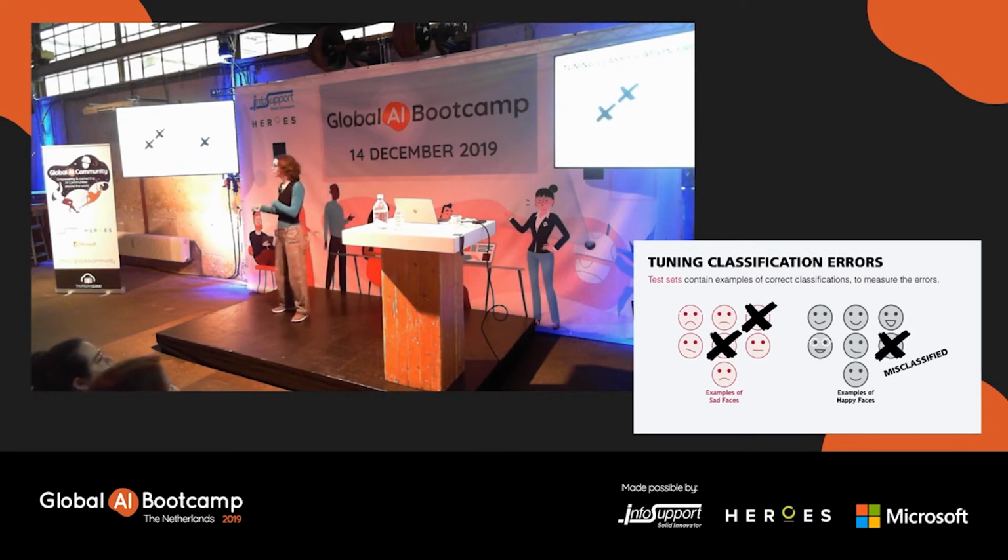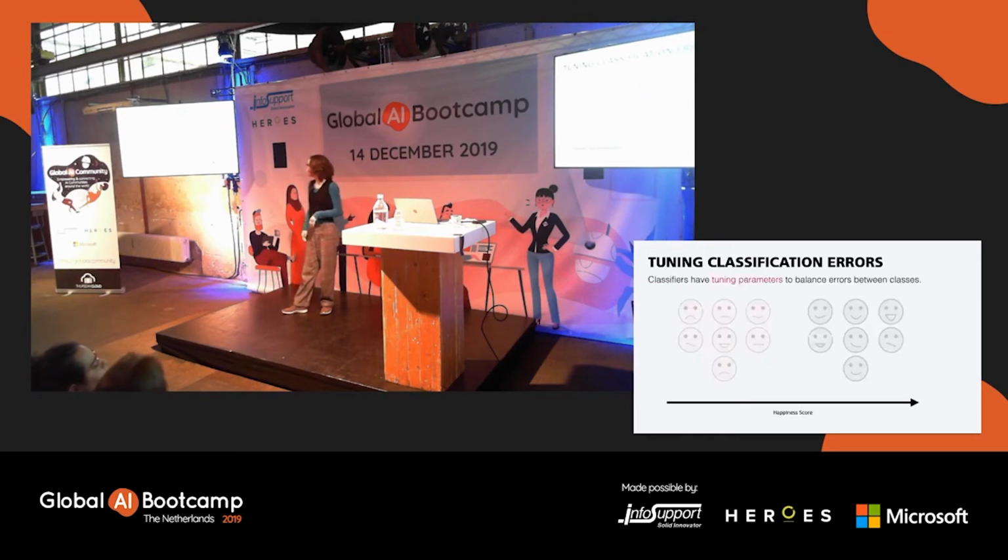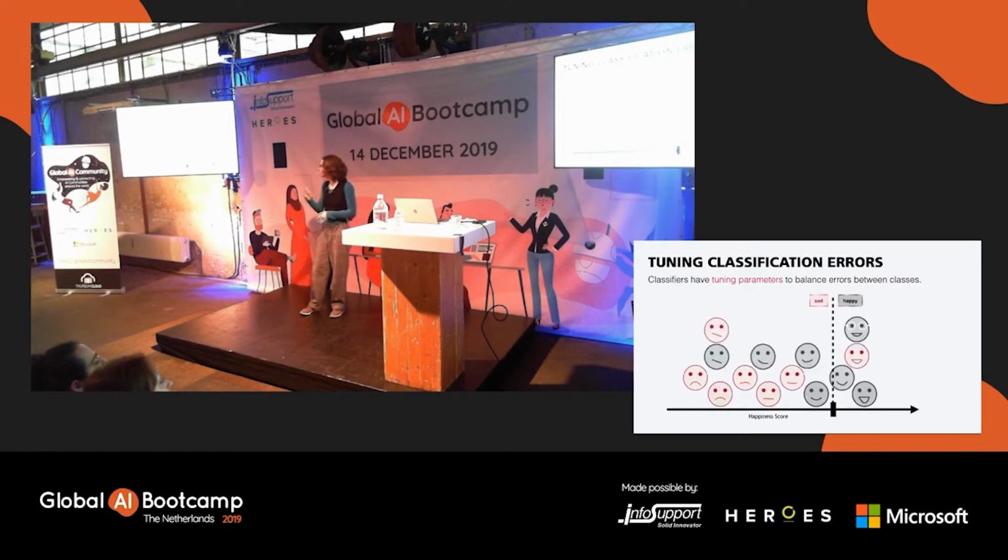So here we have example of sad faces and happy faces, and we can see how many errors do we have for each class. And to tune the errors, we can use a score, for instance, the probability of being happy, or it could be something abstract, like a happiness score calculated with the angle of your mouth, something like this.